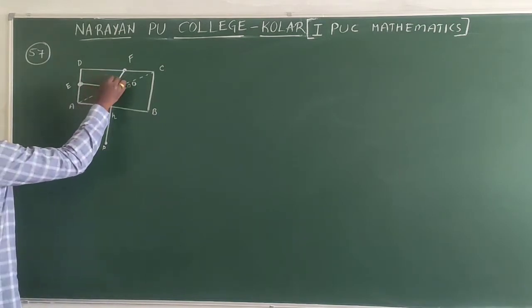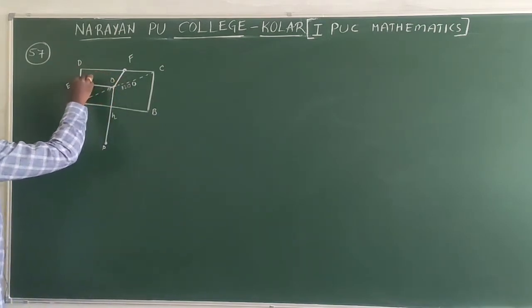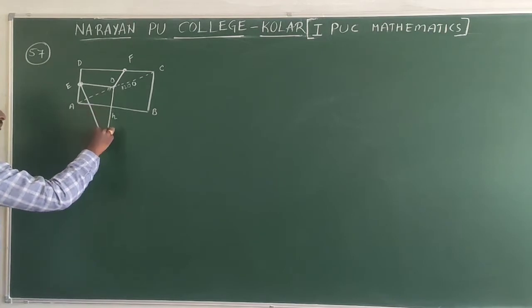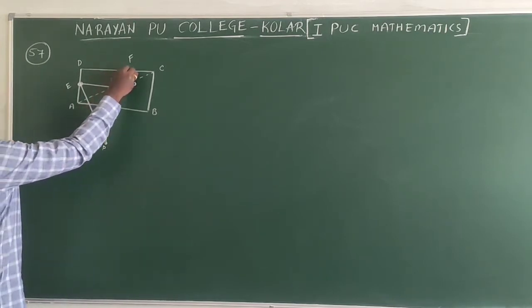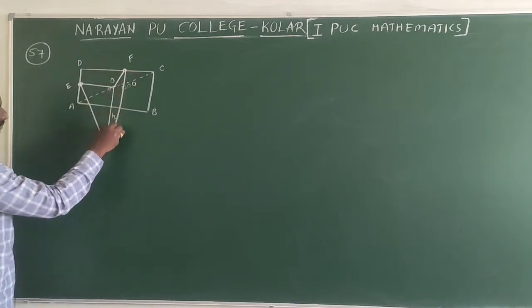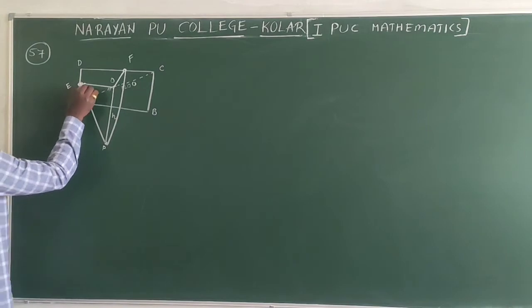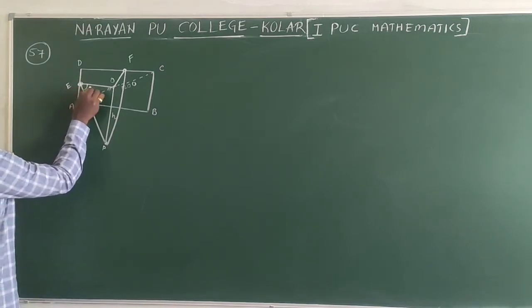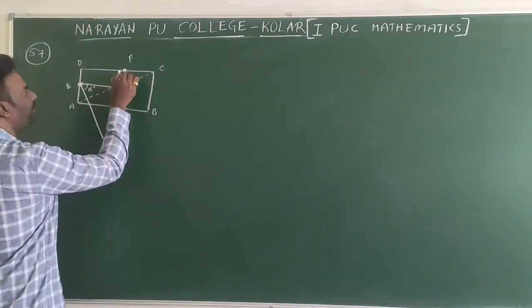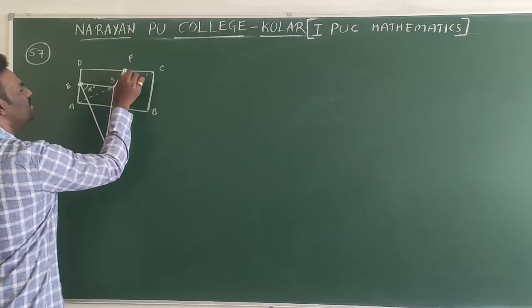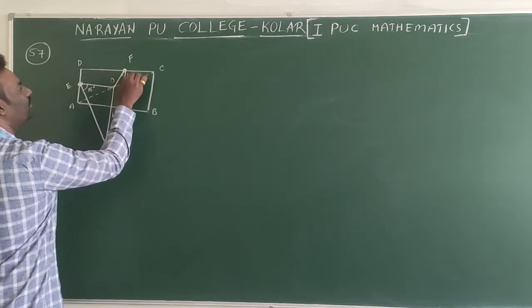Okay, now join this. Join this. It subtends angles, one is 15 degrees, the next one is 45 degrees. This is 15 degrees and this is 45 degrees.